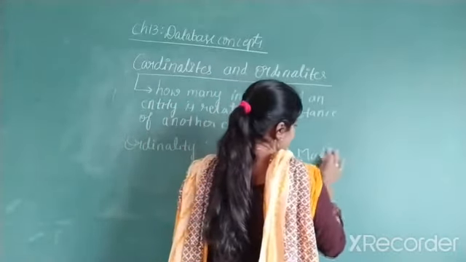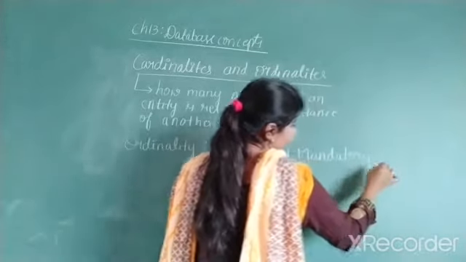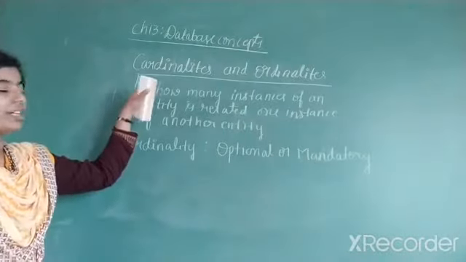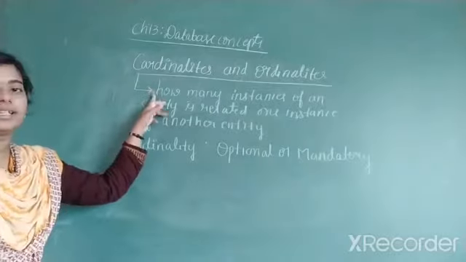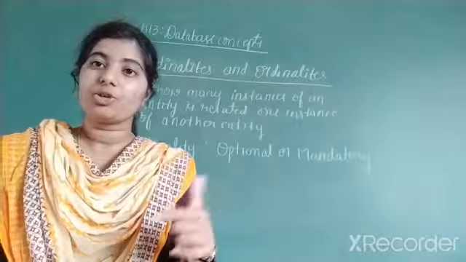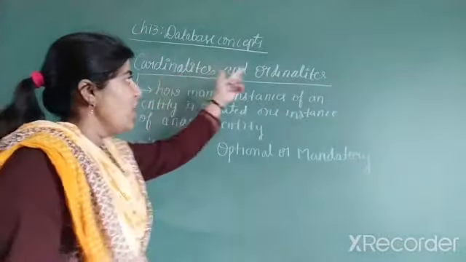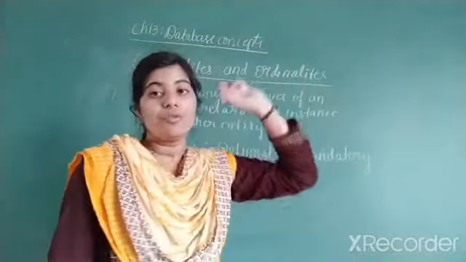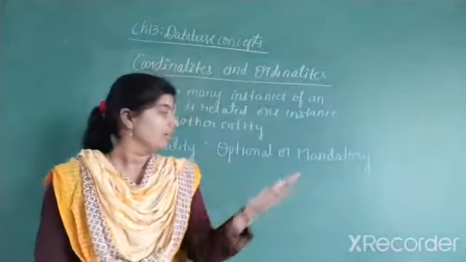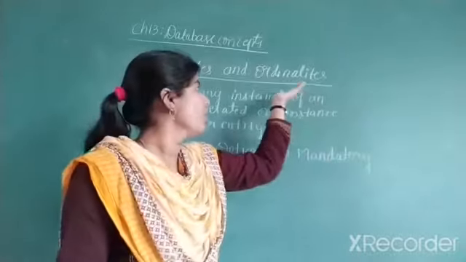So clear? Cardinality ಏನ್ ಹೇಳುತ್ತೆ, how many instances of one entity is related to one instance of another entity is called as cardinality. Ordinality describes whether the established relationship is optional or mandatory. Whether it is optional or mandatory ಅಂತ ಹೇಳೋದು ಯಾವುದು, that is ordinality.